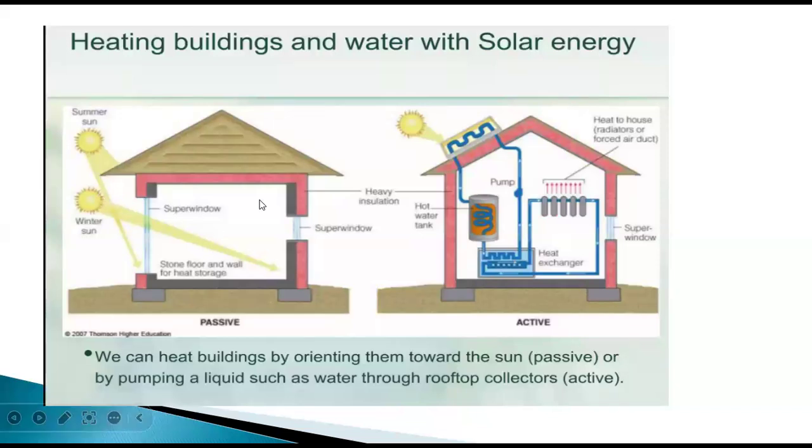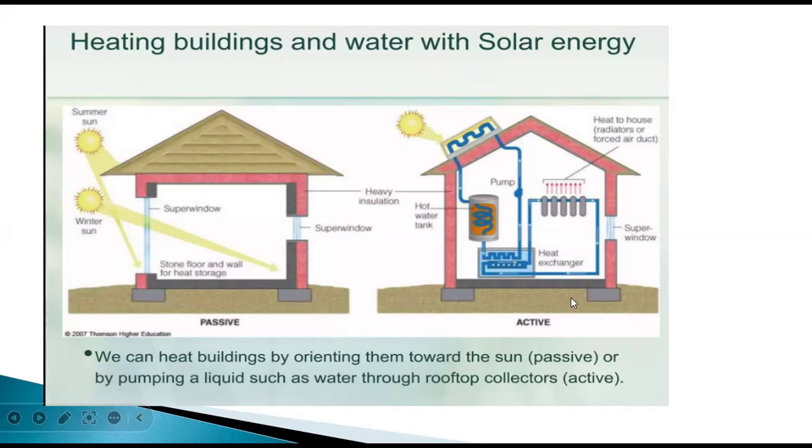In this way, in winter and summer, we can heat the house. But an active house means pumping a liquid such as water through rooftop collectors. In this way, we can increase and control the temperature in the house.